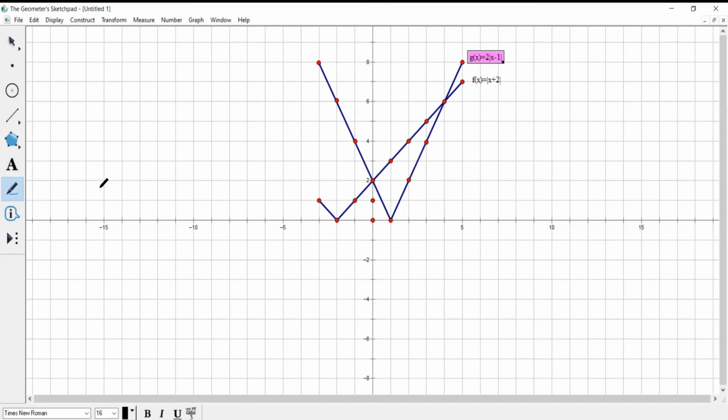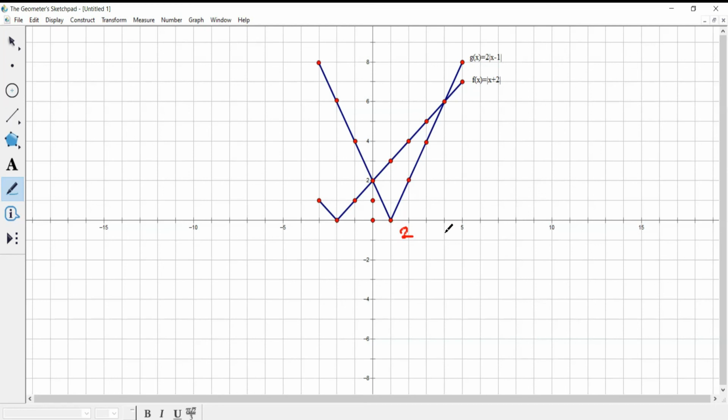Yes, where do these two graphs equal each other? 2? They don't equal when x equals 2. When x is equal to 2, 3, 4.